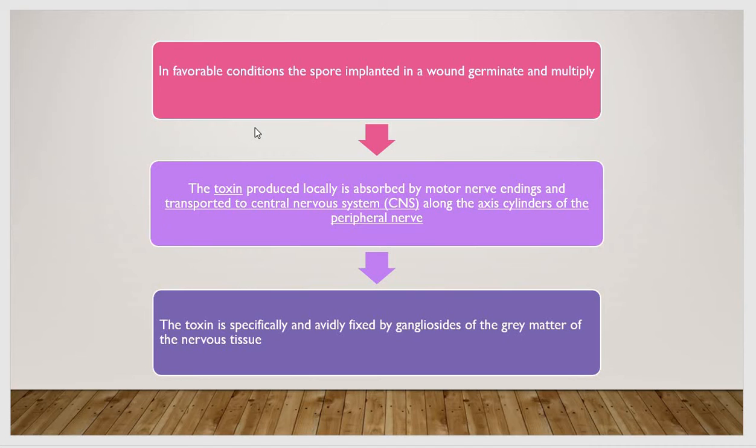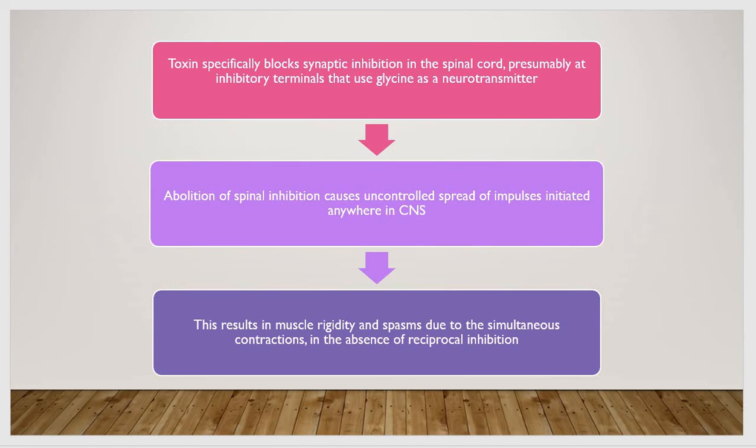The toxin attaches to the gray matter. It is specifically and avidly fixed by gangliosides of the gray matter of the nervous tissue. Then after this, the toxin blocks the synaptic inhibition in the spinal cord.